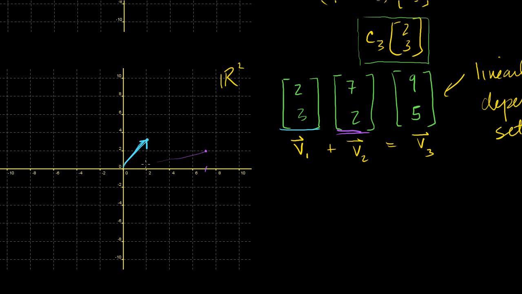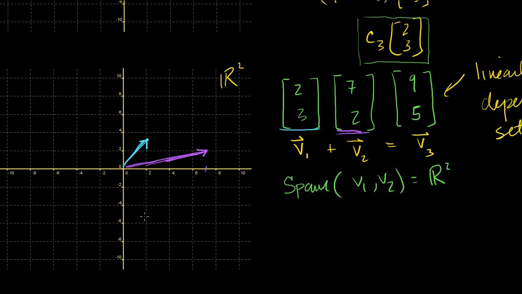I could show you that any point in R2 can be represented by some linear combination of these 2 vectors. We could even do a graphical representation, but I've done that in the previous video. So I could write that the span of v1 and v2 is equal to R2.